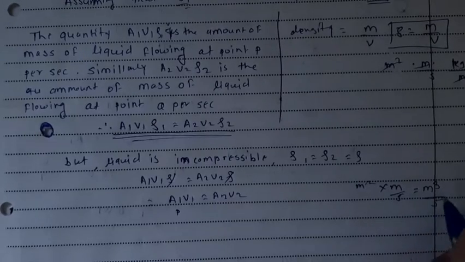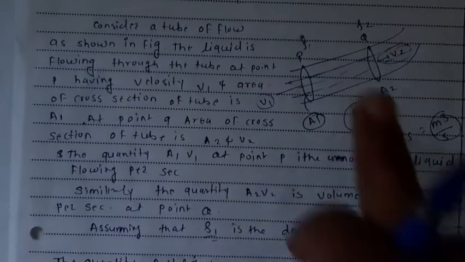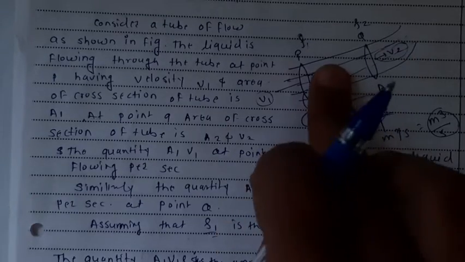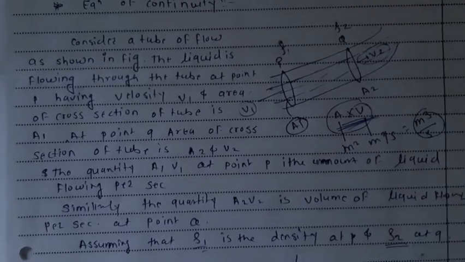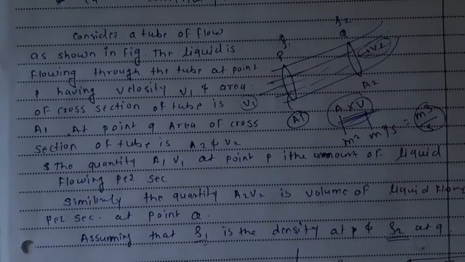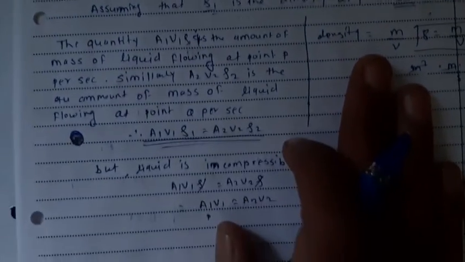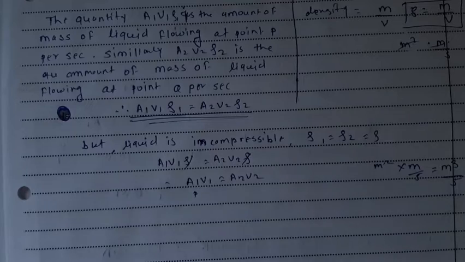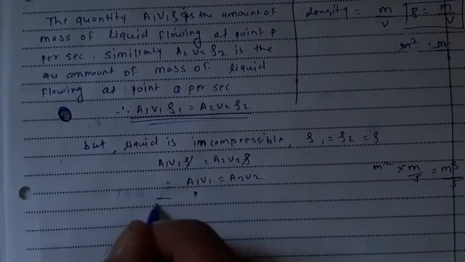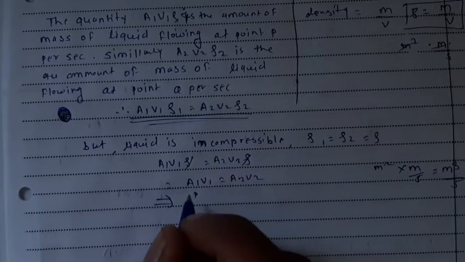It tells us that the amount of liquid flowing at a point P per second is equal to A2 V2, that is the amount of liquid flowing at the point Q. So whatever liquid is coming at this point, at the same rate it is flowing at the point Q also. Okay, so from this we can write that AV is equal to constant.